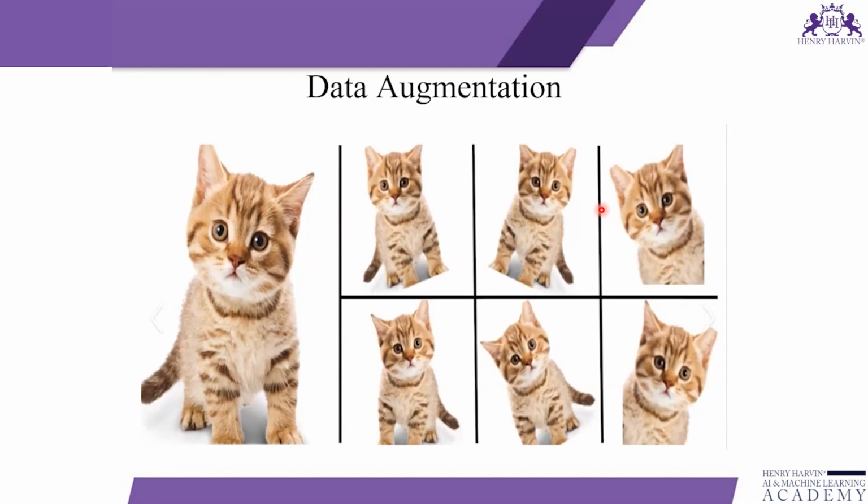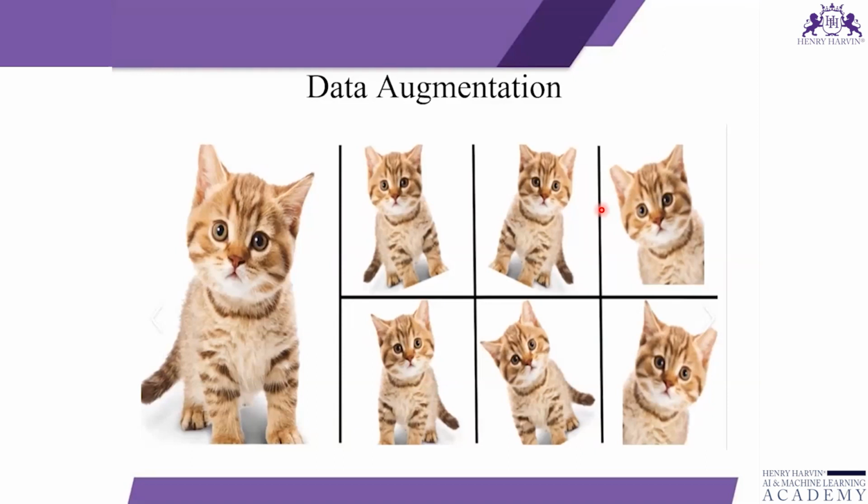Let's say you can flip it upside down, or you can zoom into some section of the image. Zooming is a very simple exercise in data augmentation in Keras as well as TensorFlow, where you say that you want to zoom 20% of the images so that your images look different.